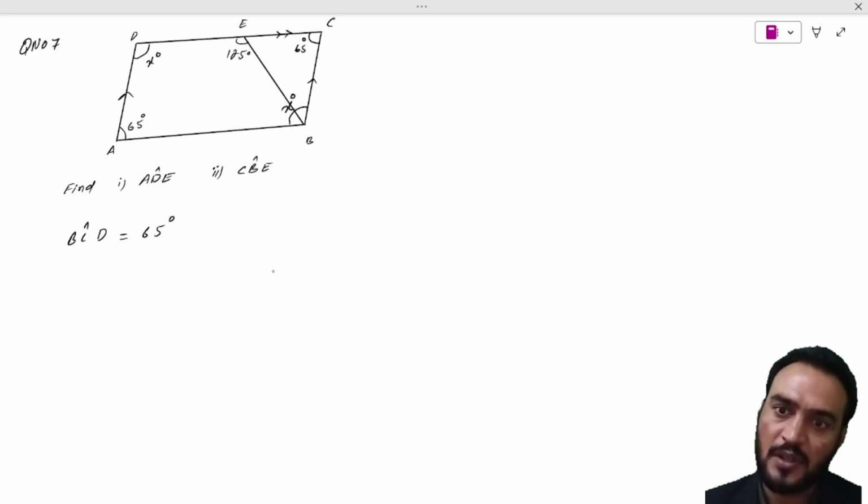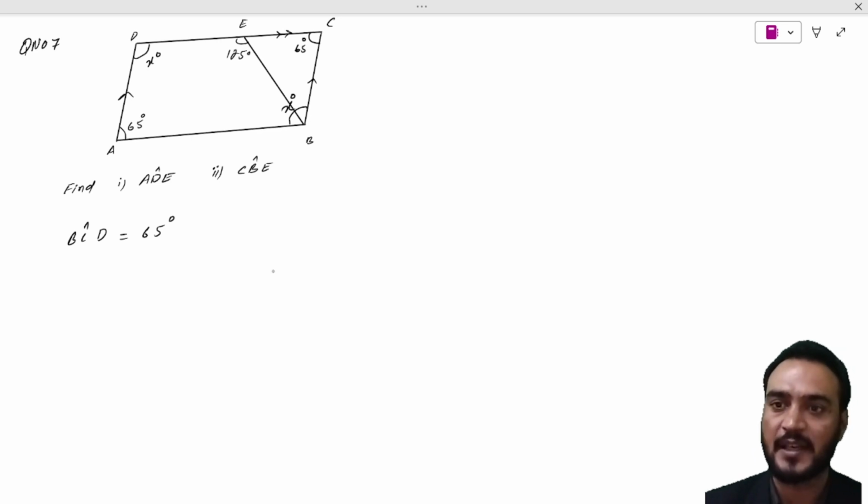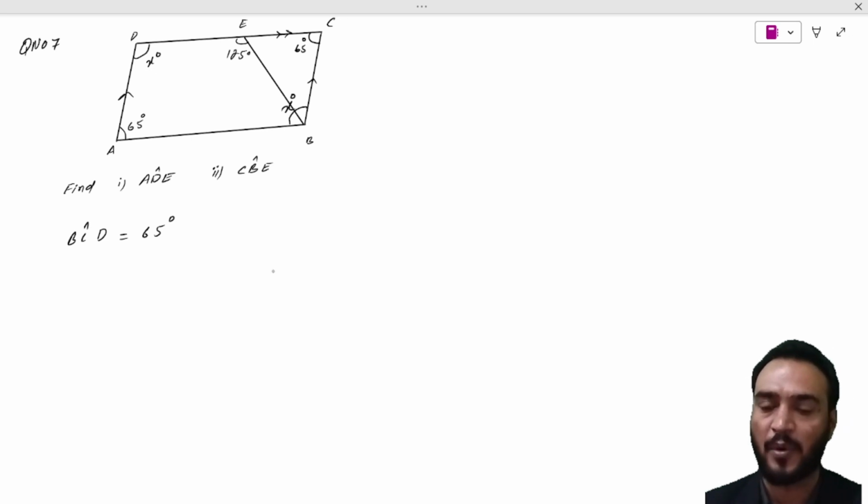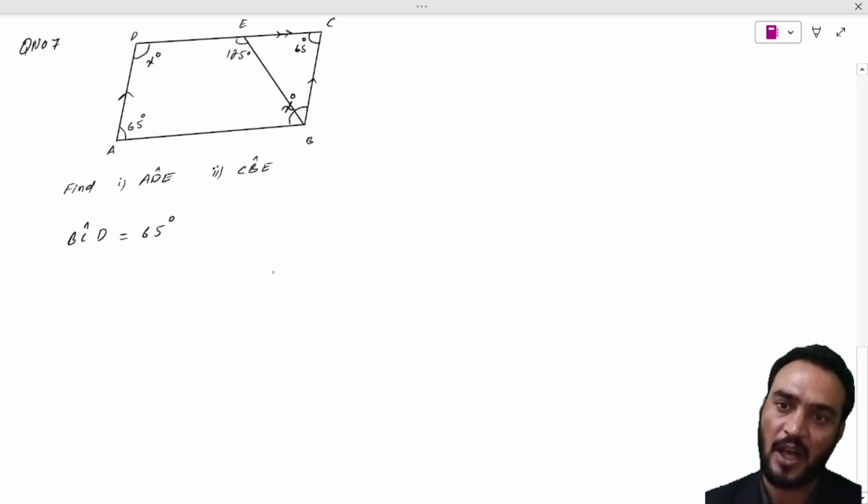Now we will put the sum of all these four angles equal to 360 degrees because the sum of interior angles in a quadrilateral is always equal to 360 degrees.